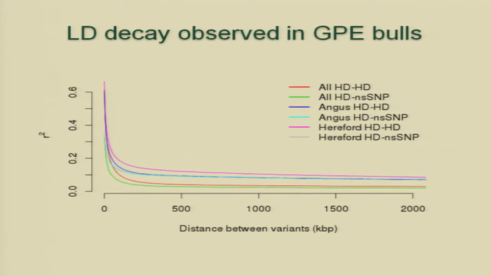And that carries out to 2,000. When we get 2 megabases of separation, we're down at a baseline LD, though you can still have some correlation between well-separated SNP.